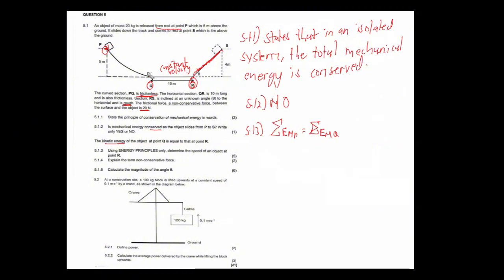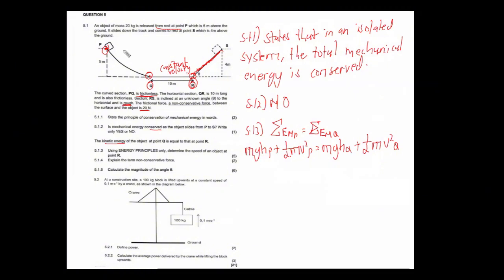Now I know that if I find the velocity at this point, that's equivalent to the velocity at point Q. So I will say this is mgh at point P, and then this is half mv squared at point P, which will be equal to mgh at point Q plus half mv squared at point Q.